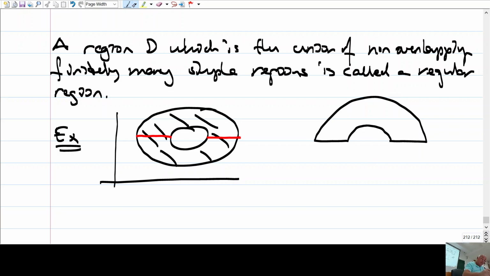You see, I have this curve. So this is a graph of a function.